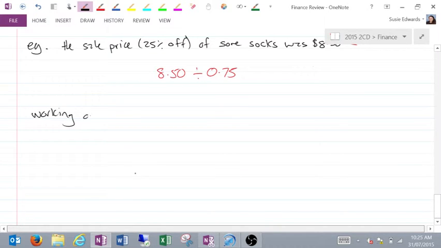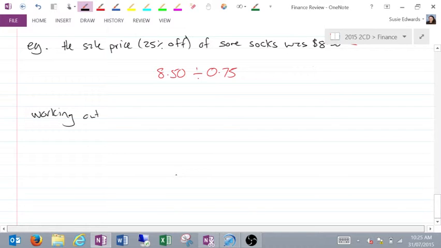Working out. What are the words for this? No, it's not the increase bit. Let's see what words I used last time. So I didn't do it last time. All right.